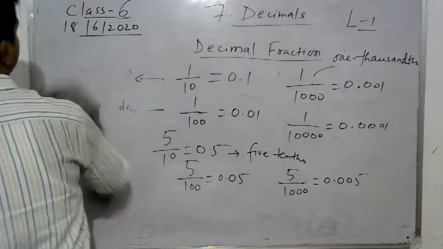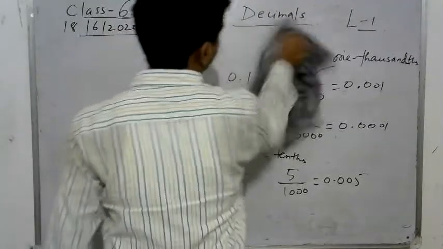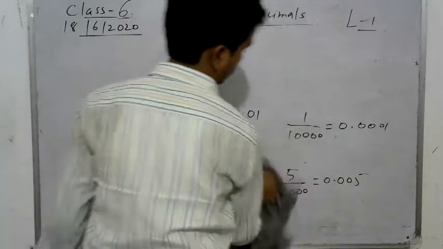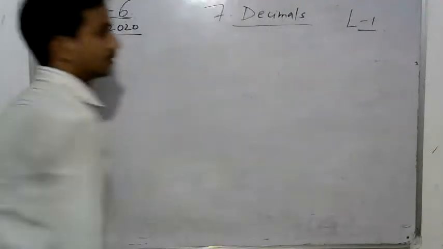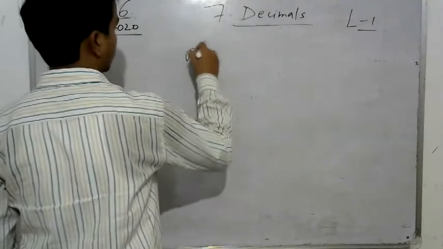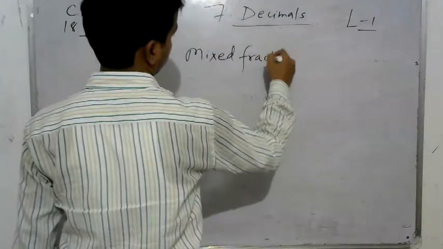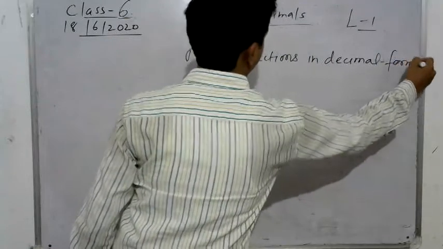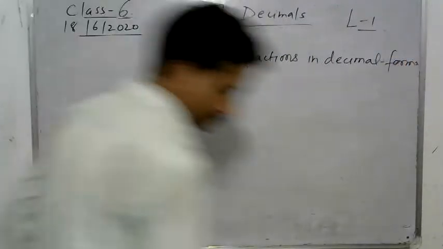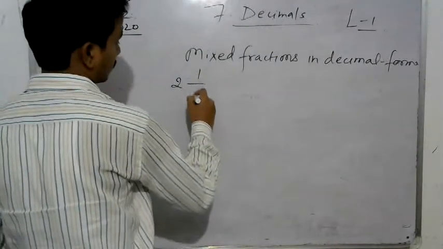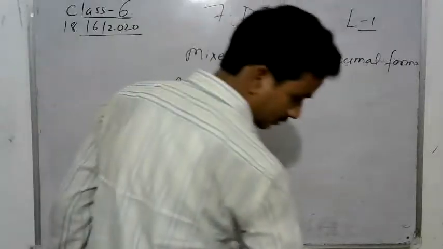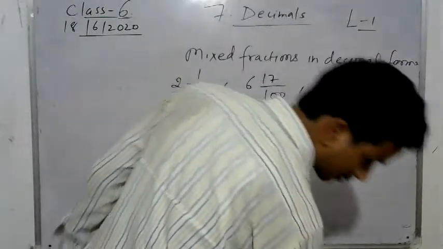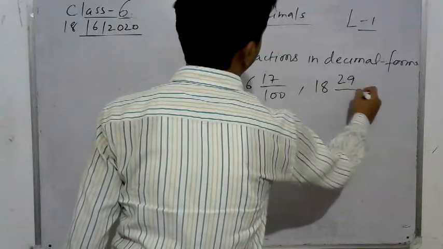Now we will see some mixed fractions in decimal form. Suppose 2 whole 1 by 10, or 6 whole 17 by 100, or 18 whole 29 by 1000.